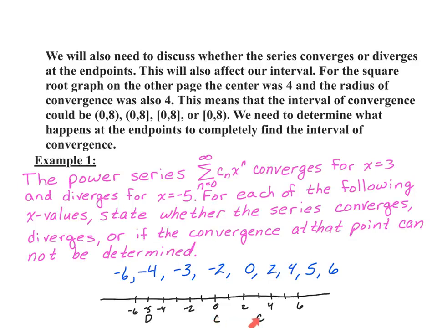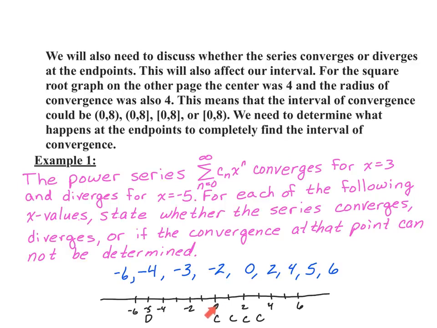If this converges at 3, then that means our radius of convergence is at least 3. All right, so that means everything between here and the center has to converge. All right, so I'm just going to mark C on these. And that also means that everything on the other side would also converge for that same radius.